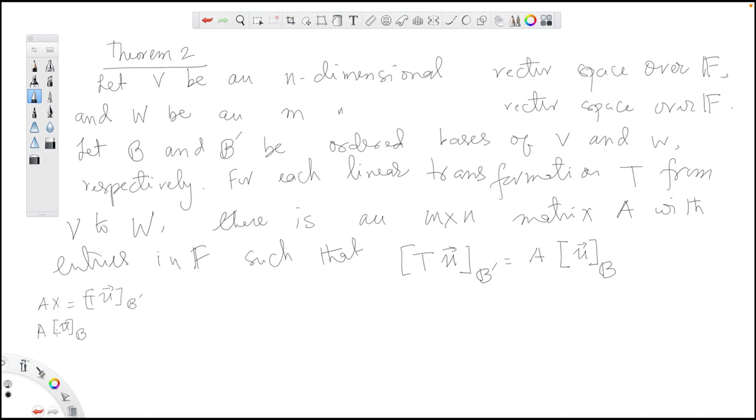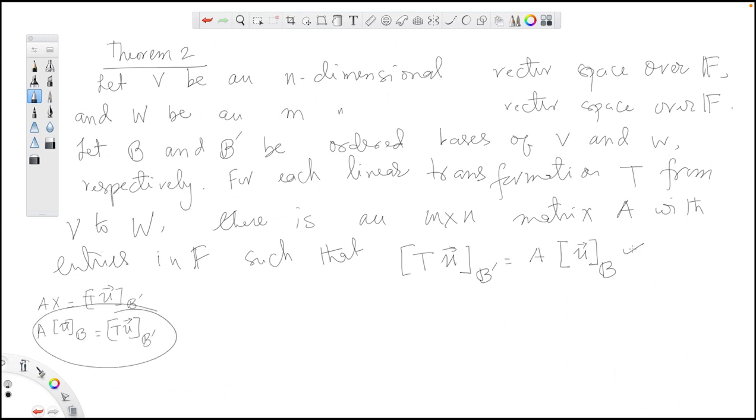So indeed the matrix A times the coordinate matrix of u relative to the basis B is the same as the coordinate matrix of the vector Tu relative to the basis B prime. Okay?